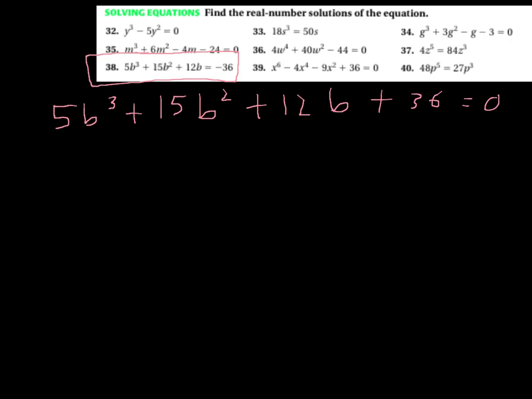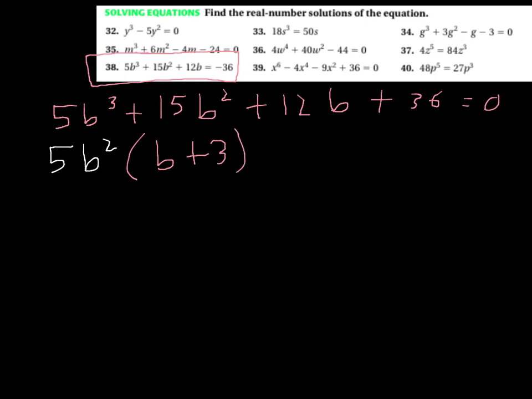Our last problem is going to come from the book, Problems number 38. And again, we're going to focus on finding real number solutions. I've already taken the liberty of taking the negative 36 and adding it to both sides and setting this equal to 0. From here, I'm going to factor out a 5b squared, leaving me inside the parentheses with a b plus 3.